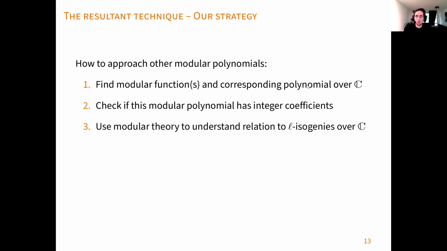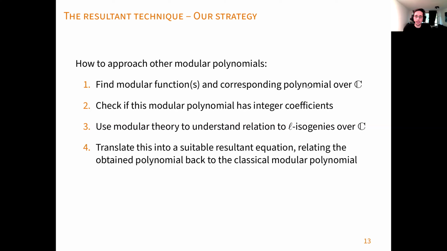And here we can really use the whole toolbox that we get from modular theory, the infinite products, infinite series, basically, and all these modular functions that we already know. But once we have achieved this understanding, we apply via a resultant equation some kind of technique to understand this polynomial in arbitrary characteristics.